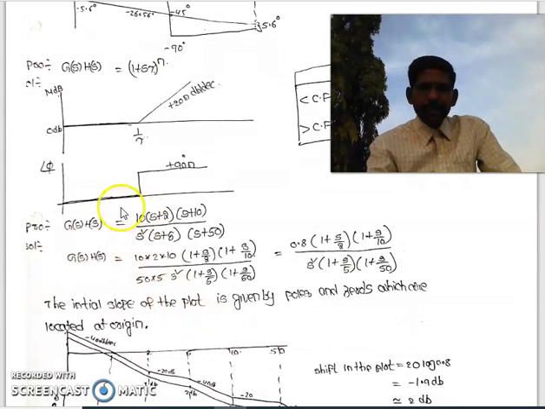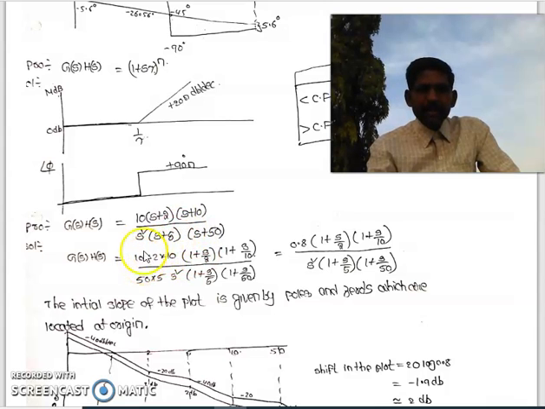Now let me see some example for this type of problem. G of s h of s equal to 10 into s plus 2 into s plus 10 divided by s square into s plus 5 into s plus 50. For this, represent in the form of corner frequencies.